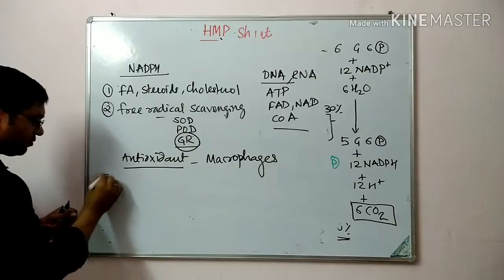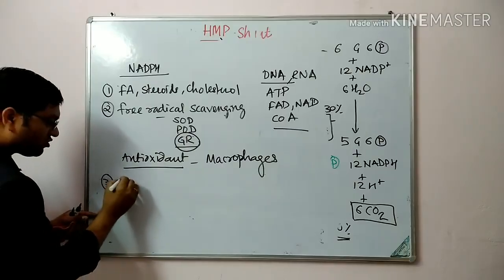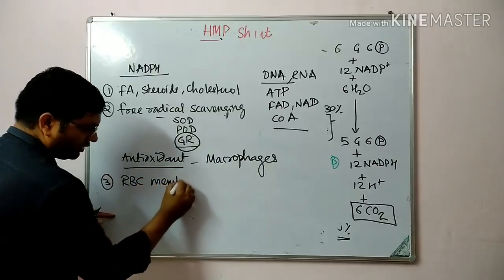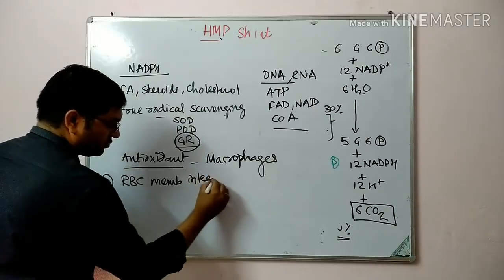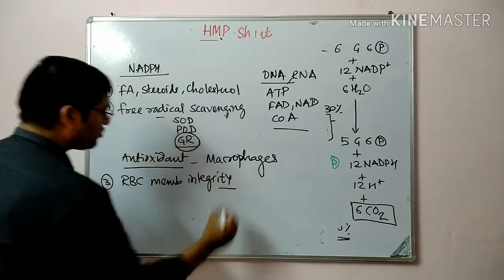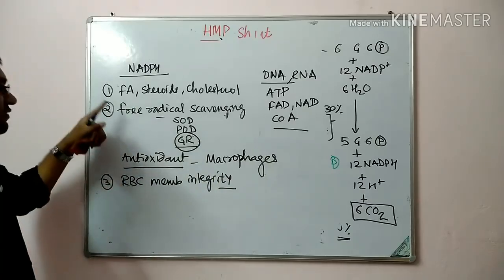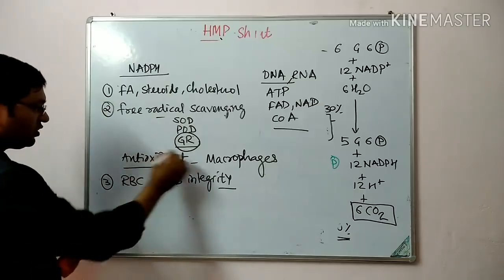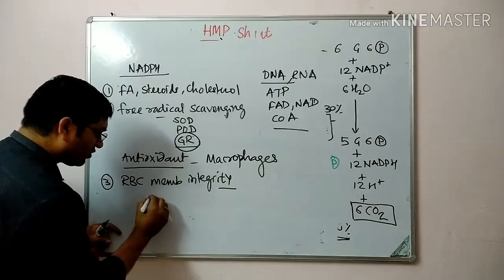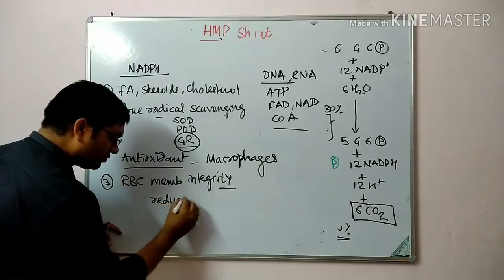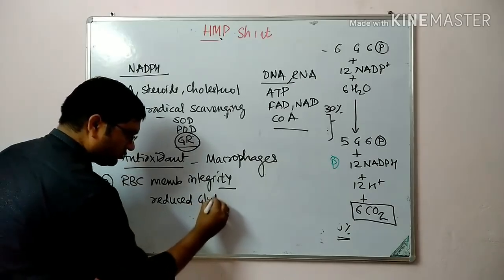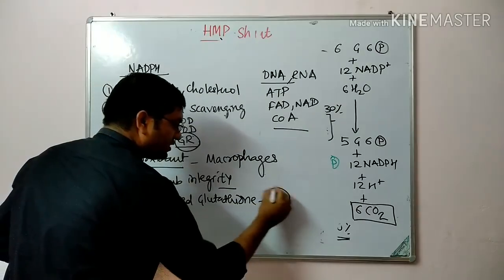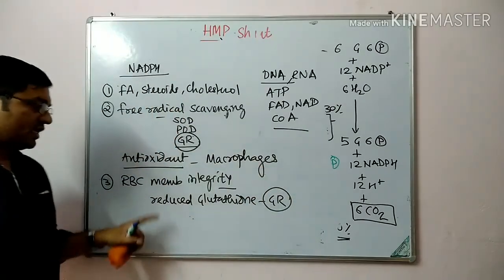Then third, it is important in maintenance of RBC membrane integrity. In the absence of this NADPH, or if the level decreases, it leads to hemolytic jaundice, because it is required for the production of reduced glutathione by glutathione reductase, which is an NADPH dependent enzyme.